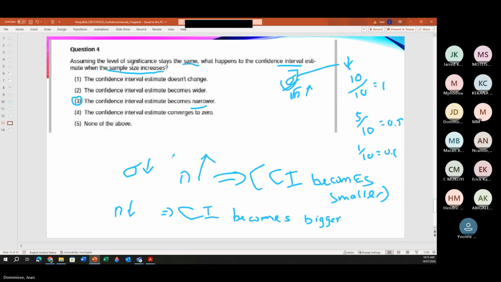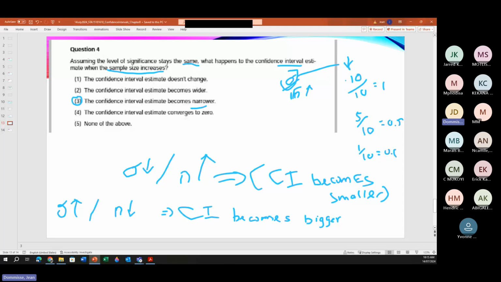So remember, a smaller standard deviation can lead to a smaller confidence interval, or a bigger sample can mean a smaller confidence interval. The same then if your standard deviation becomes bigger, your confidence interval will become bigger.